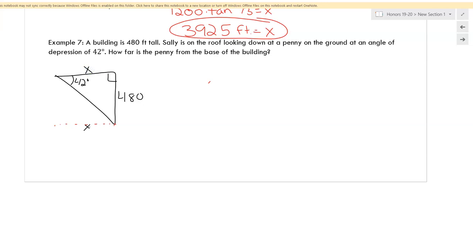Sometimes with these angle of depression problems, you put the variable in an equal spot instead of the spot it's supposed to be because of where that angle has to go. Now we can set up our problem. Here's my opposite side, my adjacent side, and the hypotenuse. The hypotenuse is unimportant. Using opposite and adjacent is tangent.